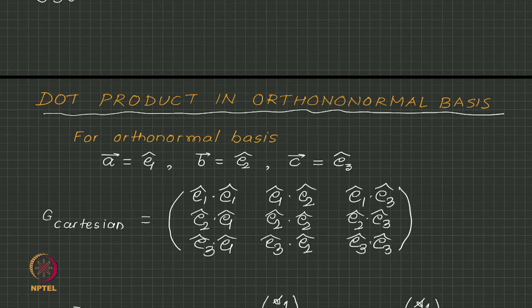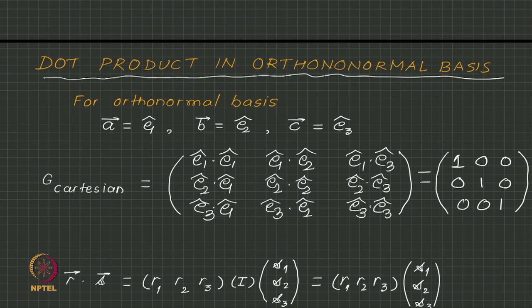But knowing the property of these unit vectors, you know that this will become 1 0 0, 0 1 0 and 0 0 1. So, that means the metric tensor for orthonormal basis is nothing but identity.